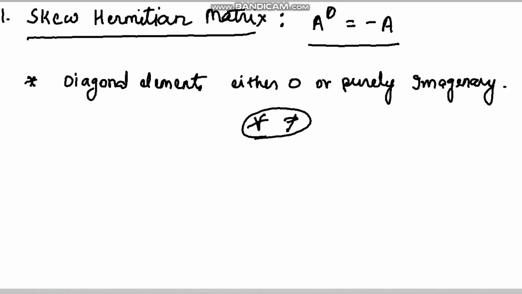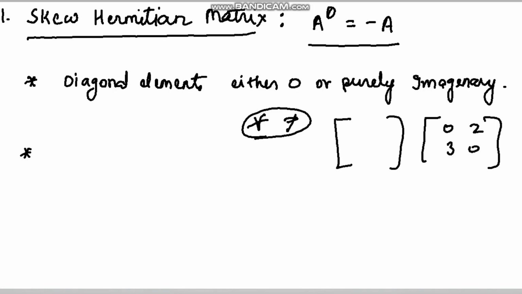In some cases the diagonal elements are either 0 or purely imaginary. Let us take one example: 0, 2, 3, 0, or, as an example of either 0 or purely imaginary, 3i, 2, 4, 6i. There is no real term.